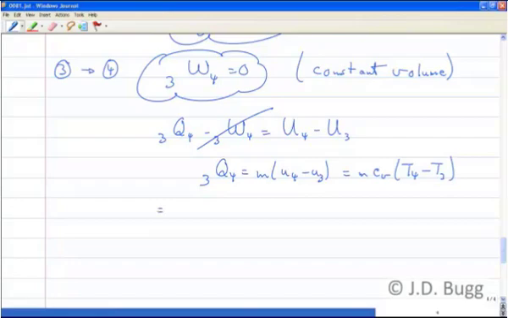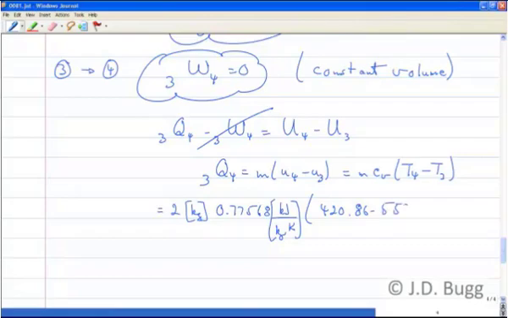So just substituting in the numbers here, mass 2 kilograms again. CV was our 0.77568 kilojoules per kilogram Kelvin for CV value. And our temperature change, 420.86 minus 559.35 Kelvin.